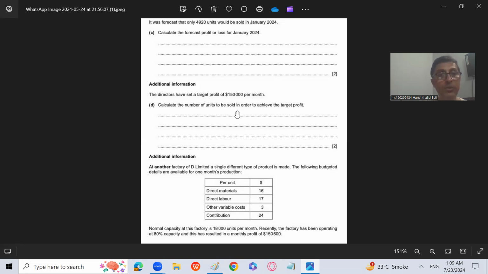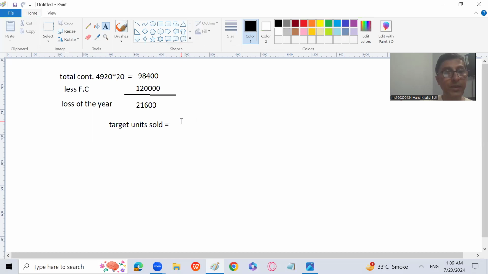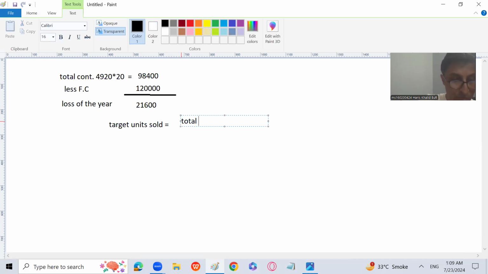Calculate the number of units to be sold in order to achieve the target profit. 2 marks are there. So the formula to calculate target units sold to achieve the target profit is going to be total fixed cost, because fixed cost we have to cover, plus target profit.